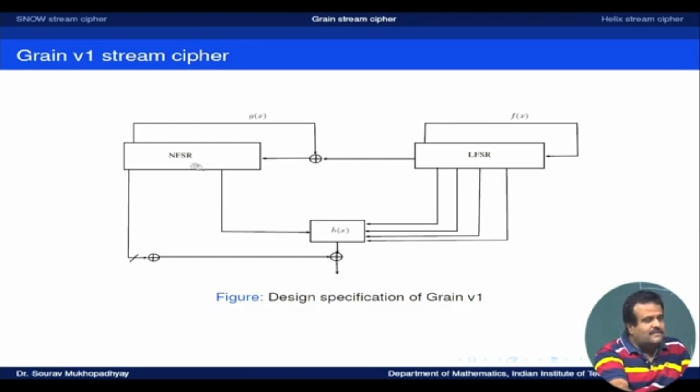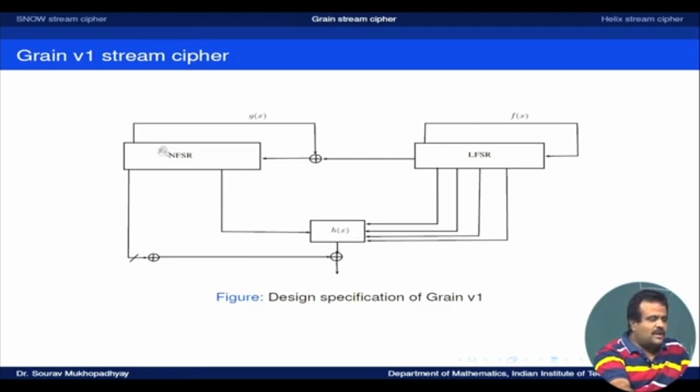This NLFSR is updated by the function g, and the LFSR is updated by the function f. And to get the key stream, we have an h function which takes 4 bits from this LFSR, which we will come to know. Among these 80 bits, we are only taking 4 bits from the LFSR, and 1 bit from the NLFSR, and we apply this function h.